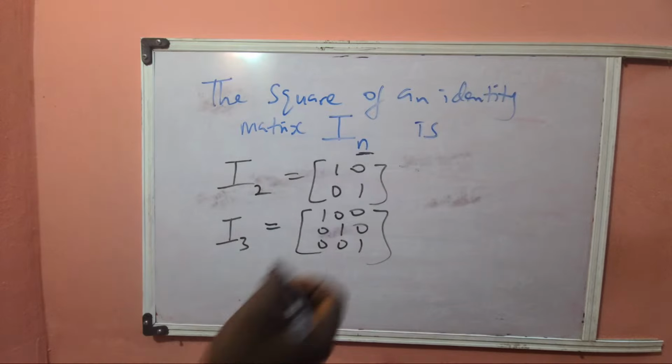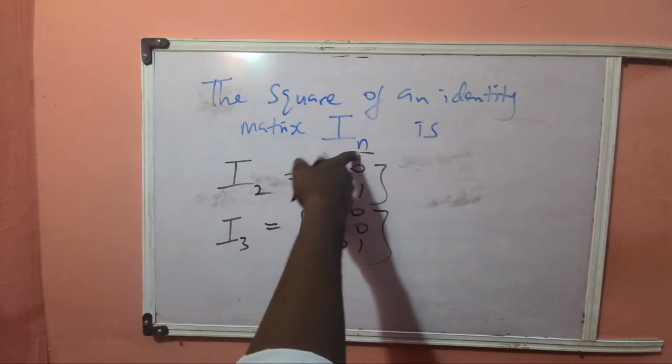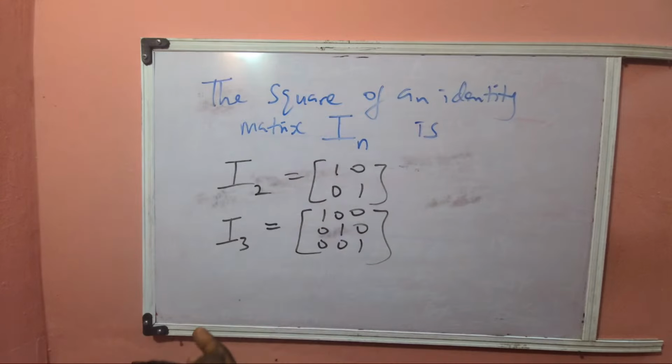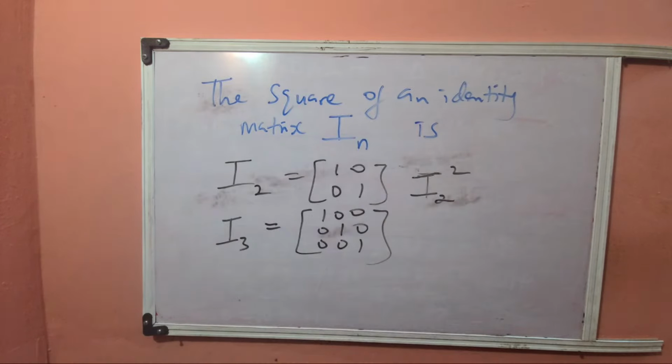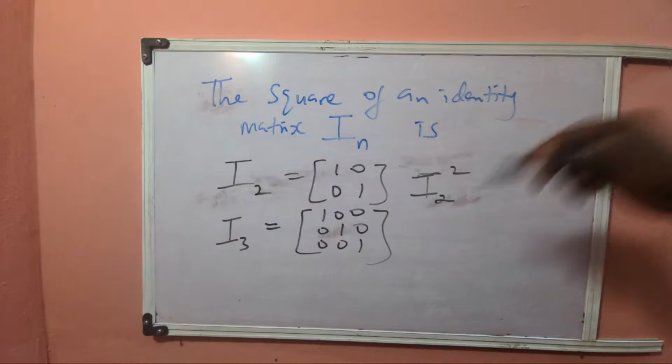In this case, they didn't even give you the dimension. Maybe it's order 2 or order 3. So they're saying of an order n. That means you're supposed to find I_2 squared, for instance. So what's going to be your value? When you are faced with a question like this, you need to just remember one thing. Of course, we're going to try and prove it here so that it will be much clearer to you. When you square any identity matrix, either of order 2, 3, 4, 5 or whatever the order is, you will always get the identity matrix back.